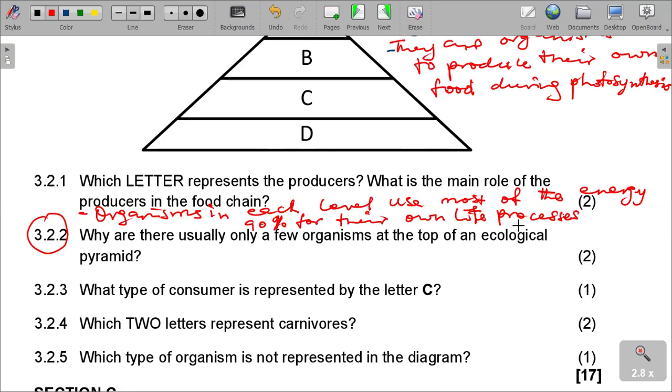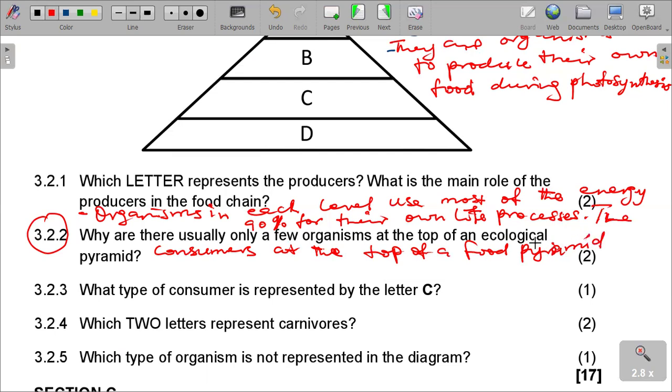So the consumers at the top of a food pyramid have less energy.